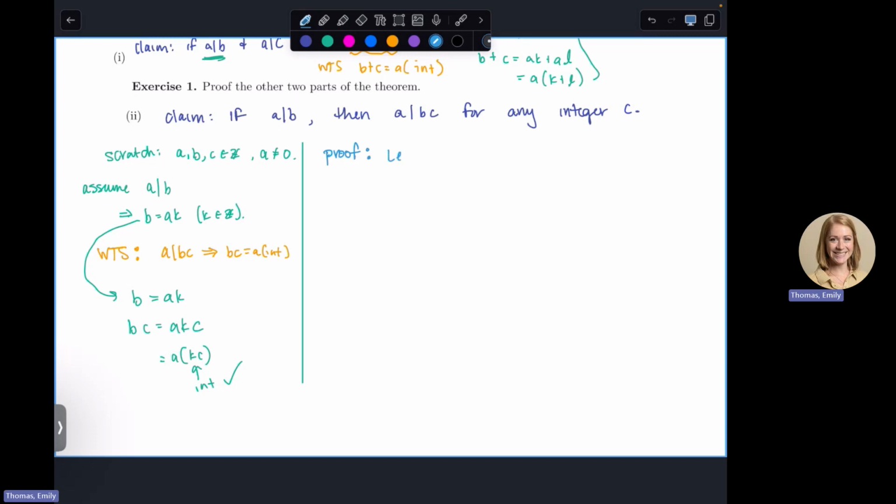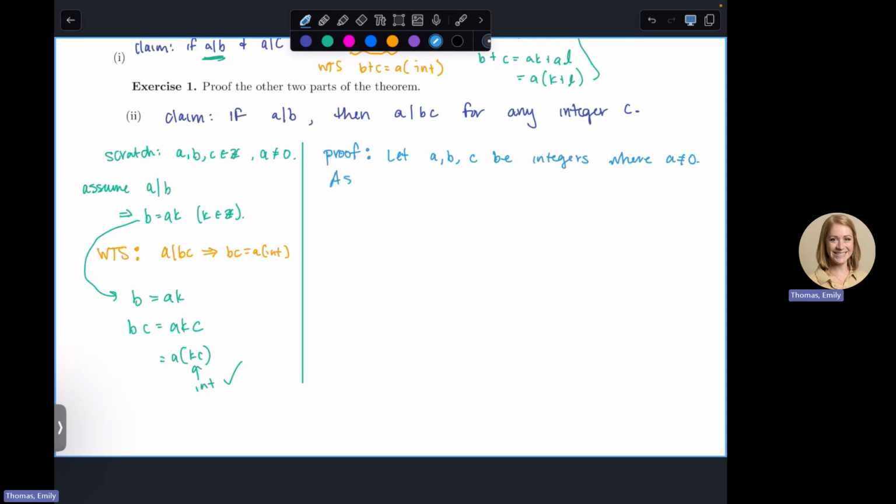We're going to let A, B, and C be things first. Let A, B, C be integers, and A not equal to 0. Now I'm ready.